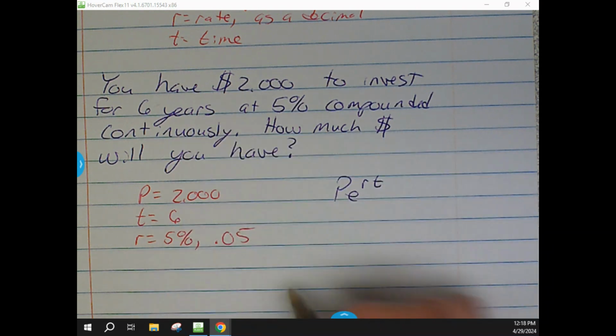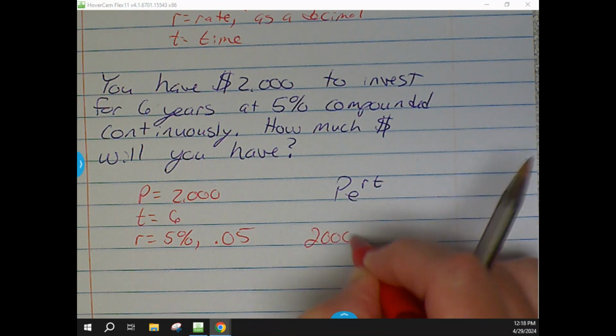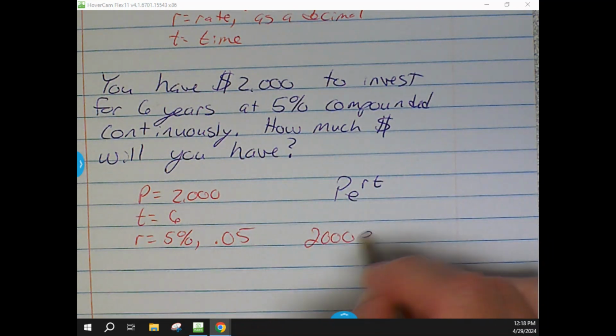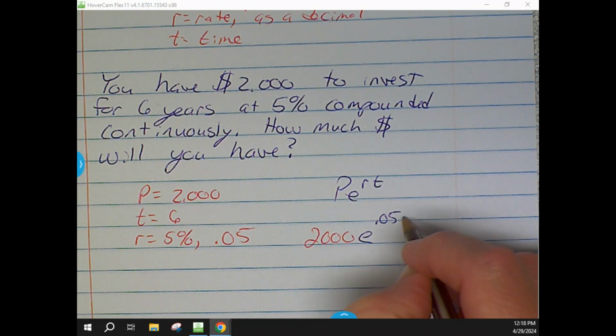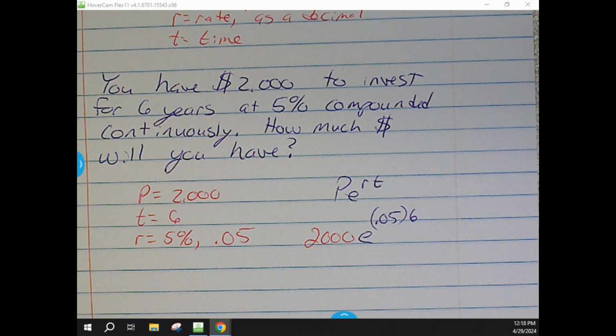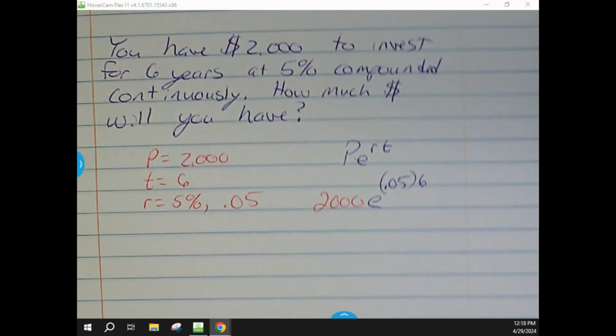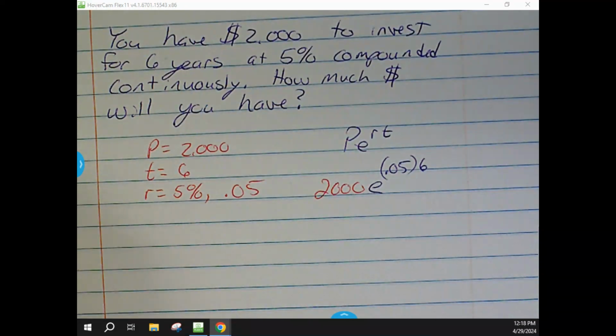You're just plugging those numbers in. I'm just writing it down so we can see it here. So we've got 2,000. Again, the E button is the E button. There's nothing you can do with it. And then it's 0.05 times 6. It turns into a can-you-use-your-calculator kind of question. You've got all the numbers there, just plug it straight into the calculator.